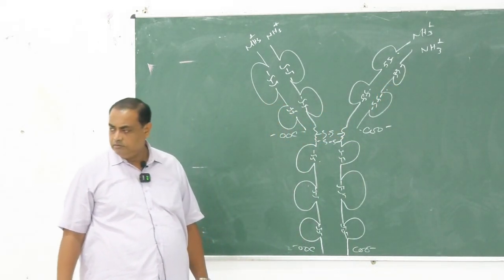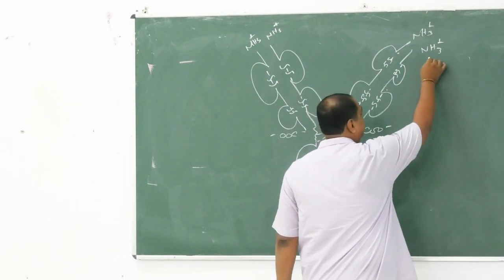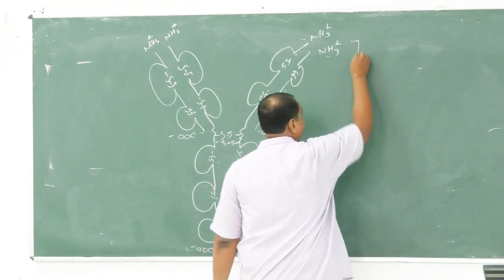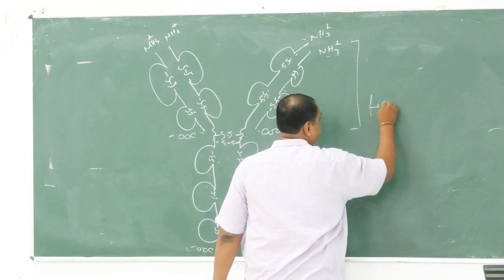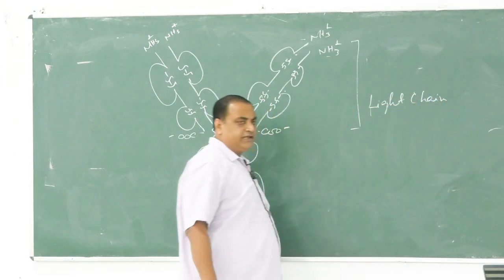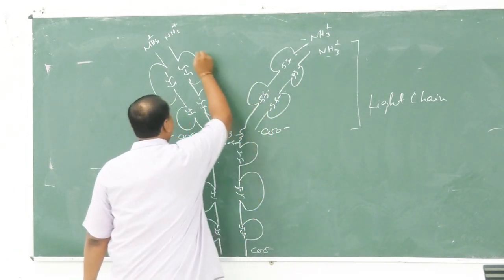Now, from the N terminus, the shorter chains are called light chains, and the longer ones are heavy chains.